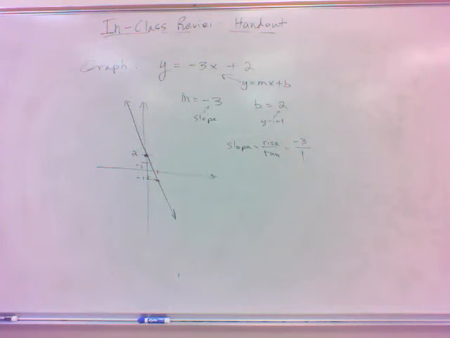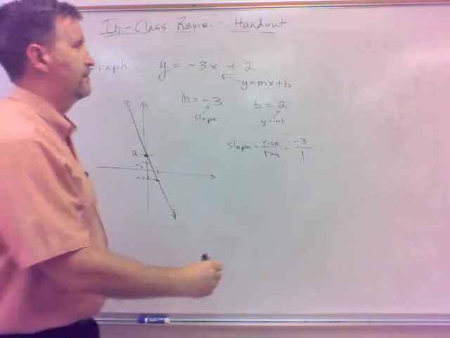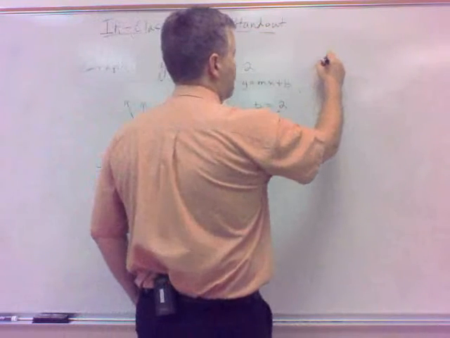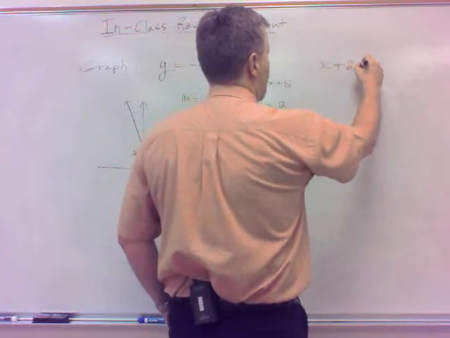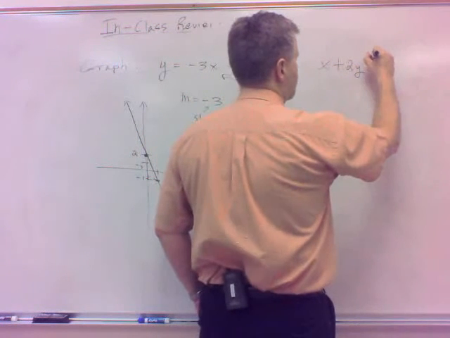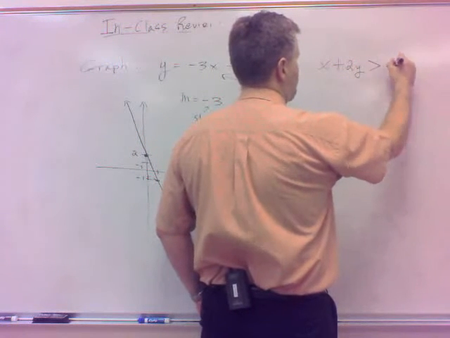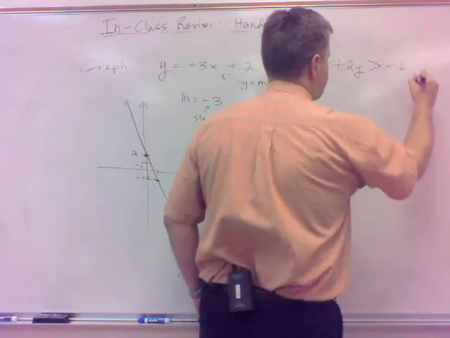The other graphing one that I know I probably should do an example of is the inequality. On an inequality, basically the same thing, isn't it? If I had x plus 2y is, say, greater than negative 6.